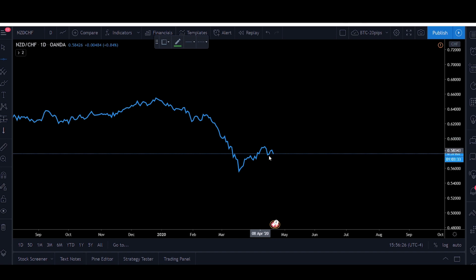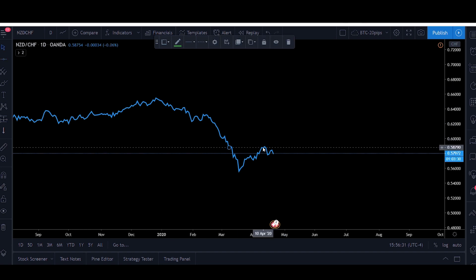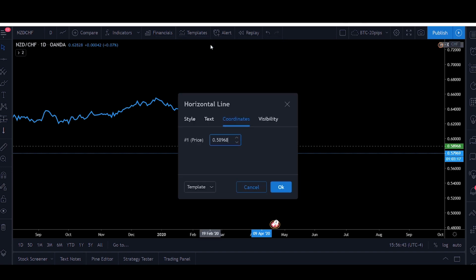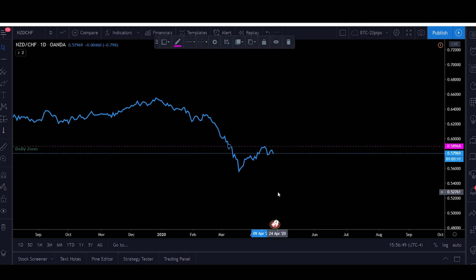Right here, that's the most recent high. Put a line there. What I normally do is I color coordinate my lines so I'll know which line is what. So I'll go to the settings and then template, and then I'll click daily zone, and that will let me know that that pink line is a zone for the daily time frame.